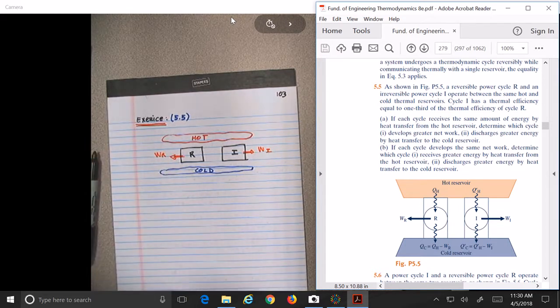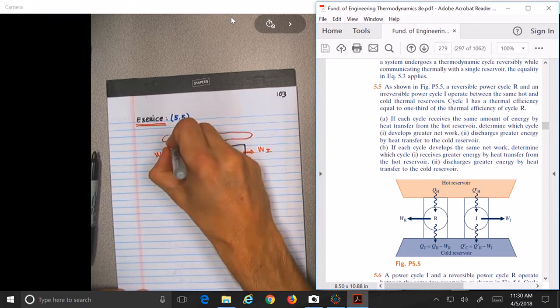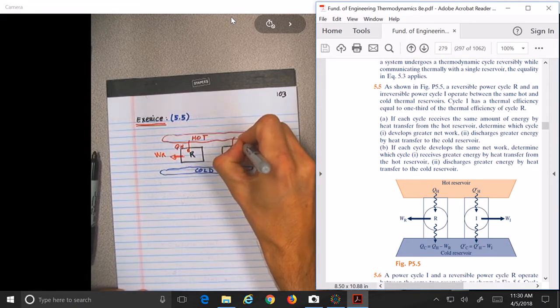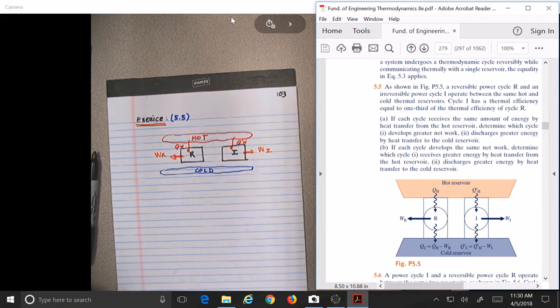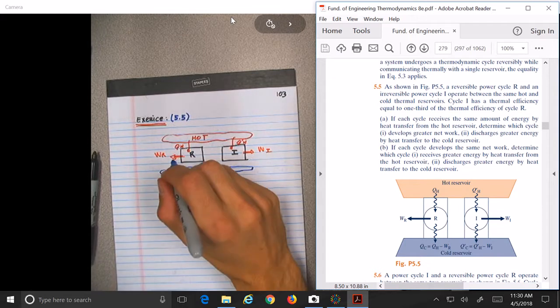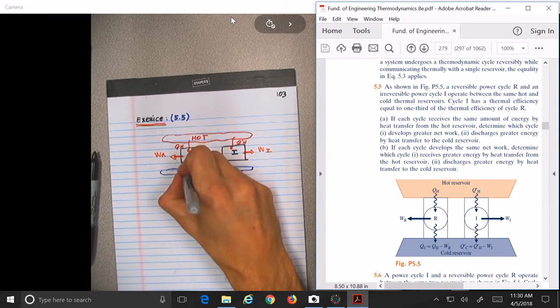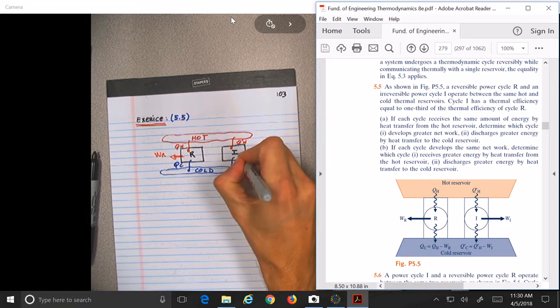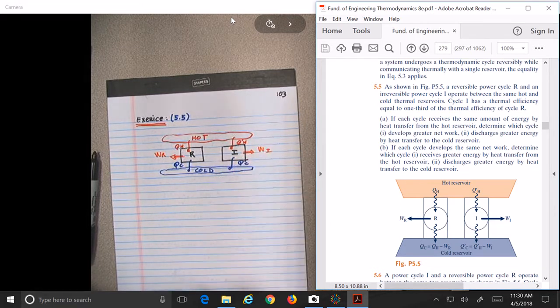So they call this one here Q hot, this one will be Q prime hot. This one, okay, is Q cold. I'm going to complicate the notation, and this one would be Q prime cold.